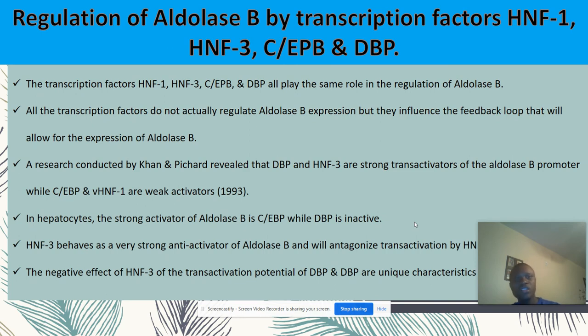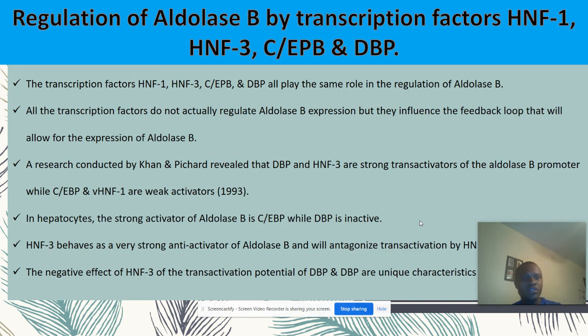Research conducted by Kahn and Pichat revealed that DBP and HNF3 are strong transactivators of the aldolase B promoter, while C/EBP and HNF1 are weak activators. In hepatocytes, the strong activator of aldolase B is C/EBP, while DBP is inactive.